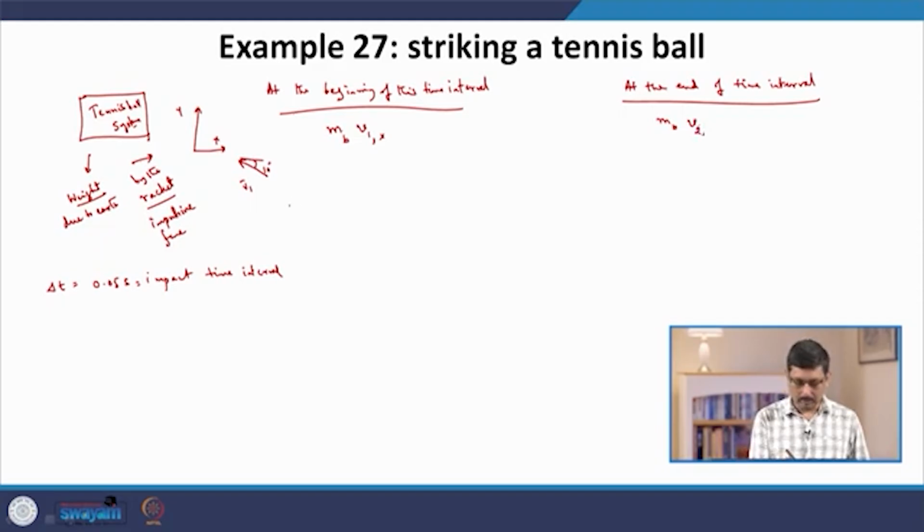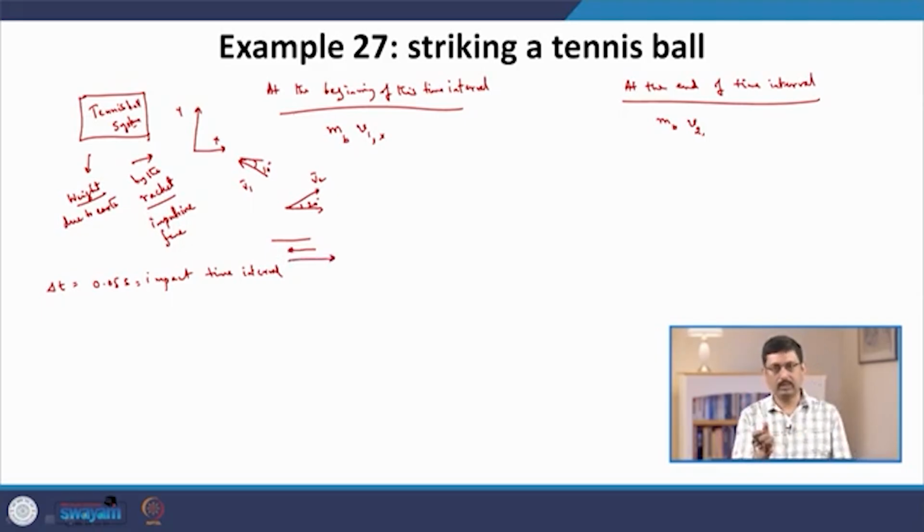So, it goes with an angle 20 degree. If we look at the x direction, the x component came towards left, gets hit and then reverses and goes to the right with a bigger magnitude.